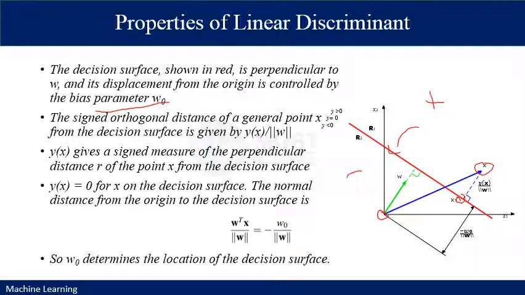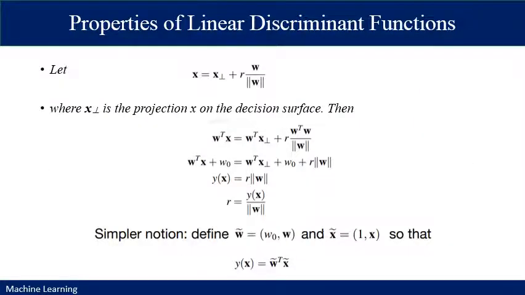The normal distance from the origin to the decision surface is provided by the formula here. Again, w0 determines the location of the decision surface. The distance from the surface is calculated from the orthogonal projection. Let's say we have a point x; its distance from the decision boundary is calculated by its orthogonal projection onto the decision surface, by this formula.